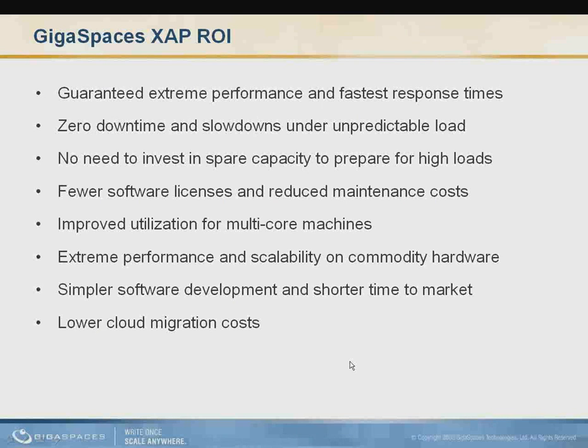And basically, we came up with this list of items that will enable you to improve the actual cost of your application. One of the items, which is the performance itself, basically means that you could use less machines to achieve the same throughput or the same number of concurrent users on your system with less hardware. The fact that you could make your application more reliable by removing a lot of the moving parts.